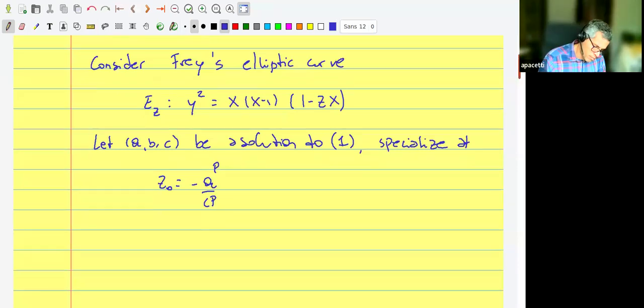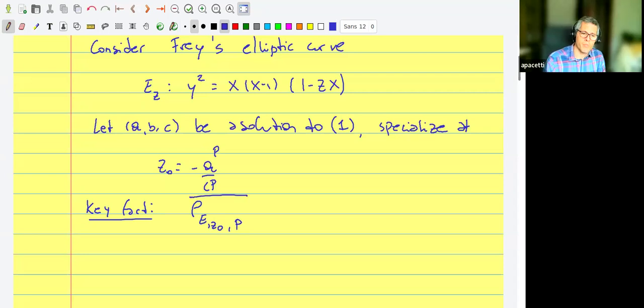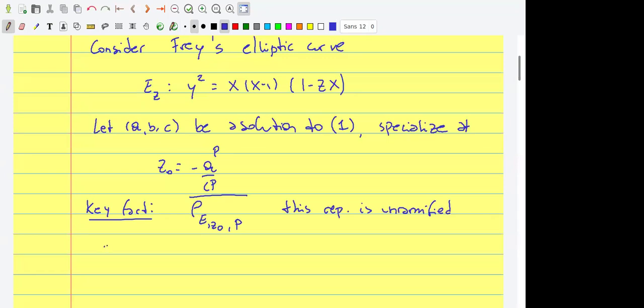The key fact is that if you consider the Galois representation of the specialization at the prime p, and you look at the residual image, I'm going to say a little bit about what this is, then this representation is unramified outside 2.